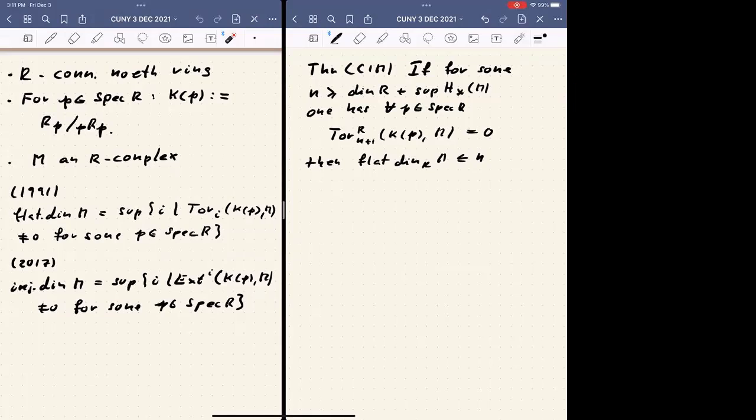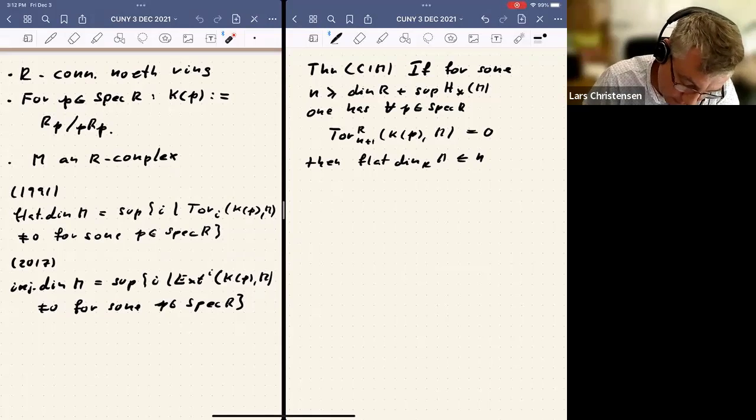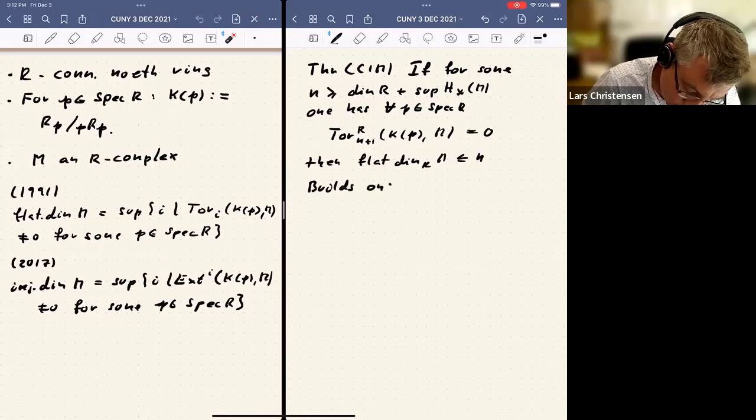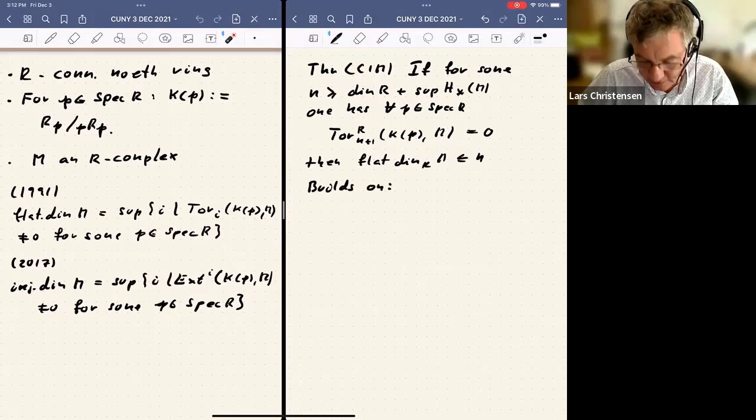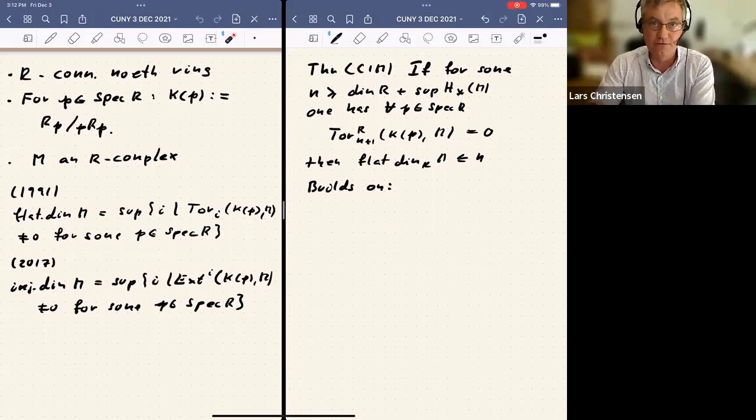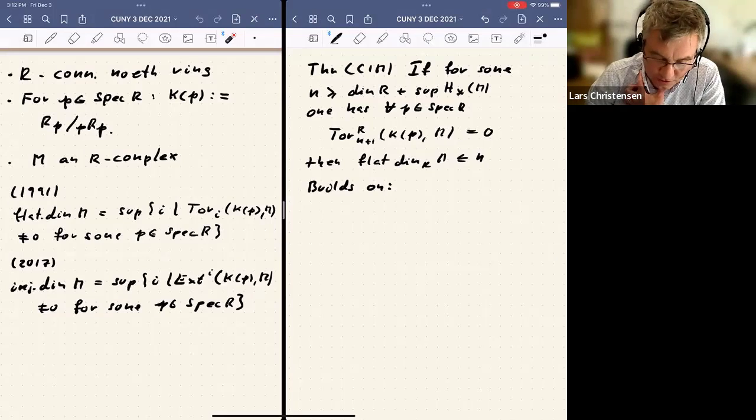So it builds on the following. And of course, if you know the result you said, then if Tor is non-vanishing somewhere beyond the dimension, that allows you already to tell that the dimension is finite.